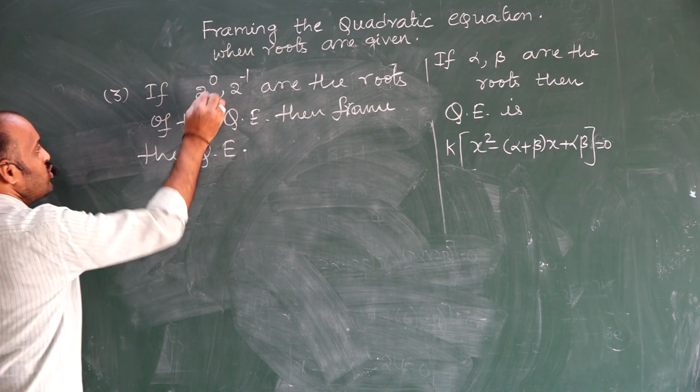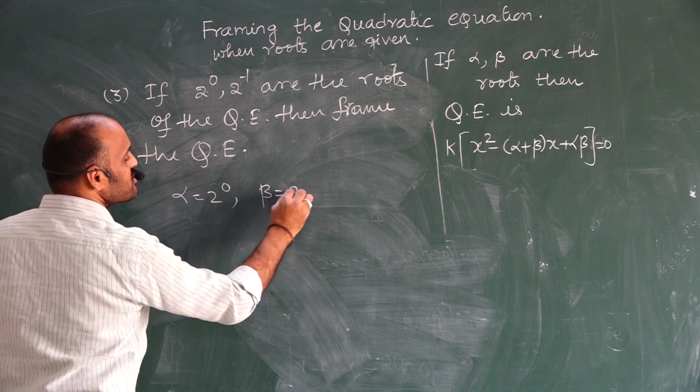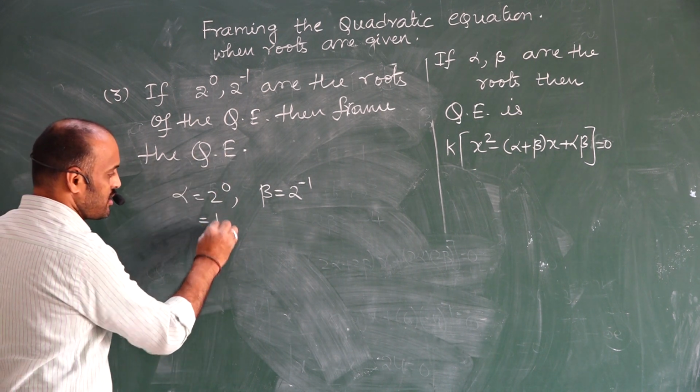Let us take 2 power 0 as alpha, and let us take 2 power minus 1 as beta. Anything to the power of 0 is 1.